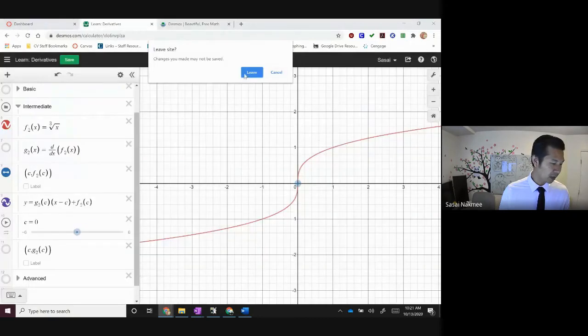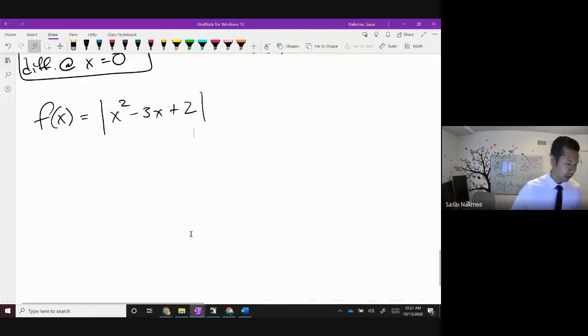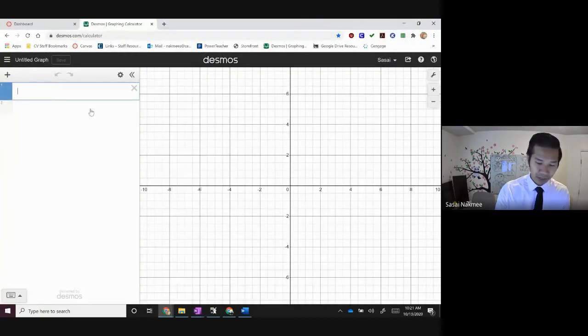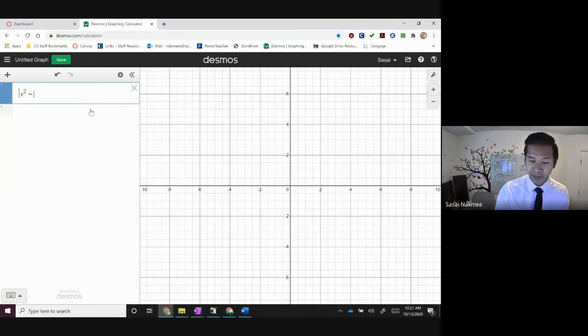Let's go back to a blank calculator. This is the function right here, the absolute value of x squared minus 3x plus 2. So let's take a look at what that graph looks like. The absolute value of x squared minus 3x plus 2.